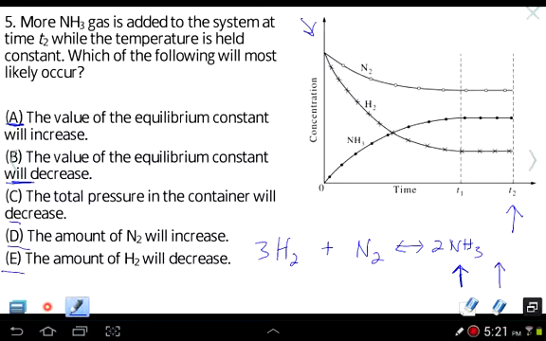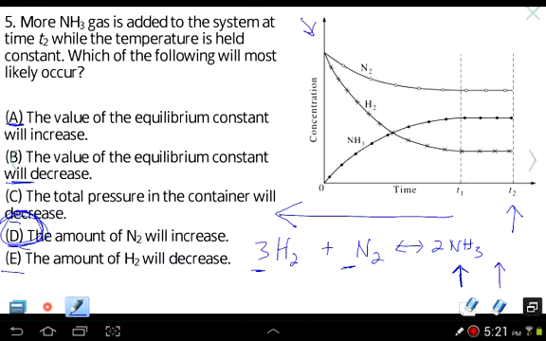And so by removing NH3, it shifts to the left. And as it shifts to the left, it actually creates more N2 and more H2. So D, the amount of N2 will increase, would be the correct answer.